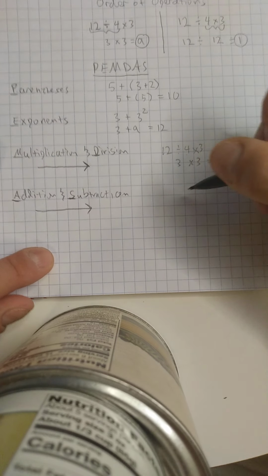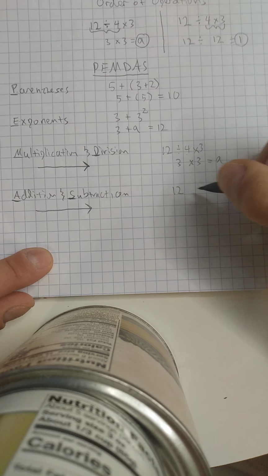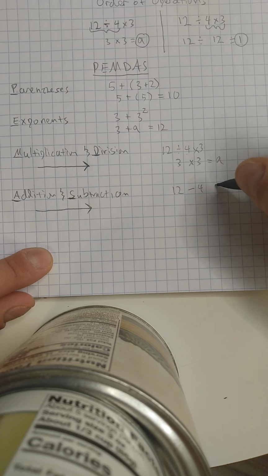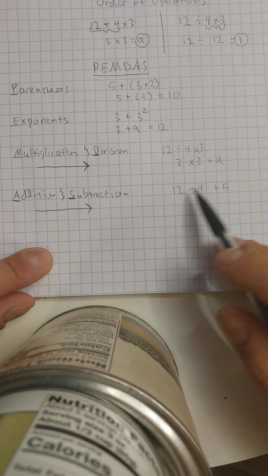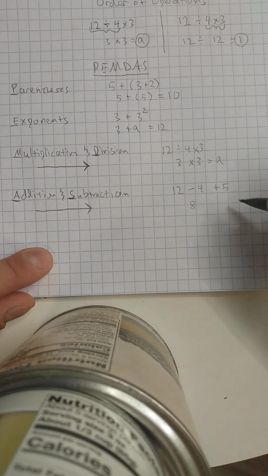Okay? So if I have, let's say, 12 minus 4 plus 5, I'm going to say 12 minus 4 first. 12 minus 4 is going to be 8, plus 5 is going to be equal to 13, right there.